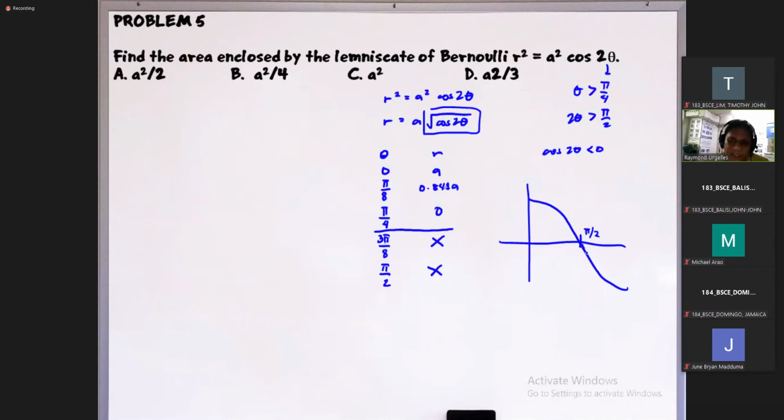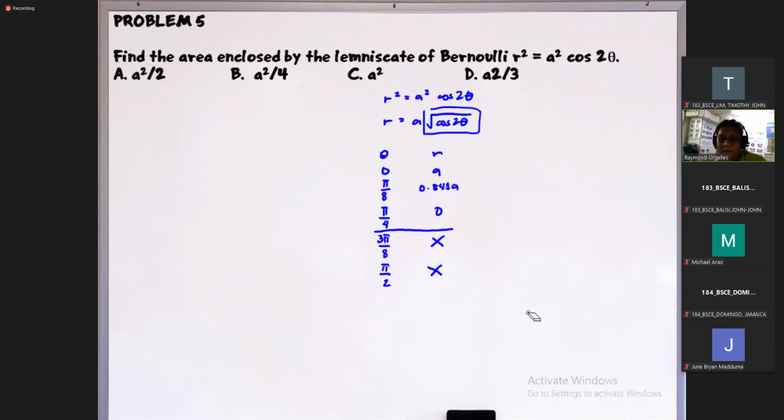So past pi over 2, your cosine becomes negative, and when you take the square root of a negative you get an undefined, imaginary number. So there is no solution for values of theta greater than pi over 4. Beyond pi over 4, up to pi over 2, our lemniscate has no value, so it only goes up to here.